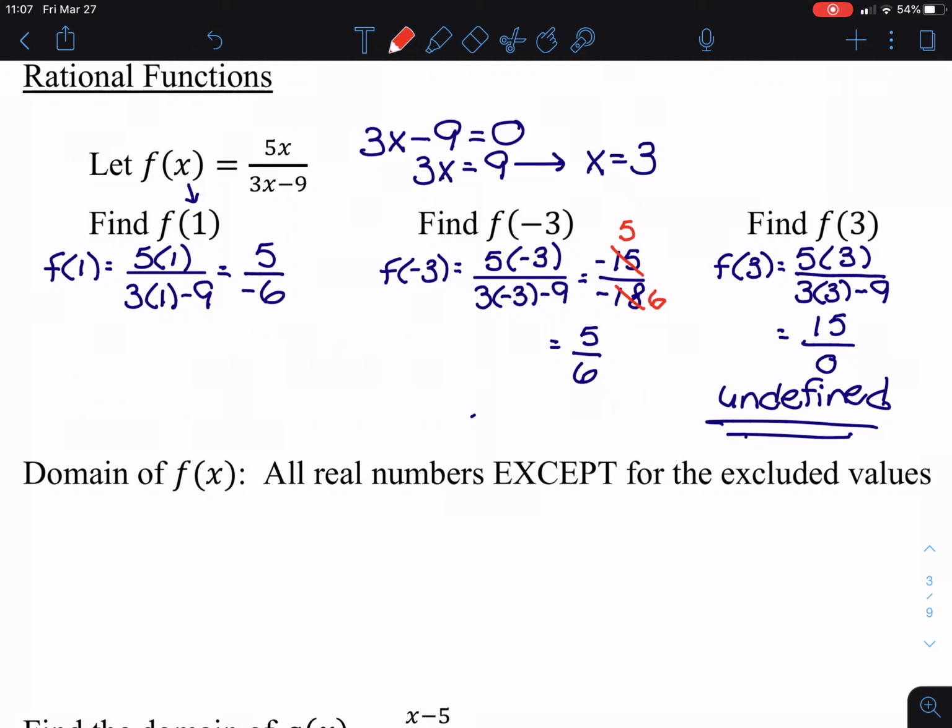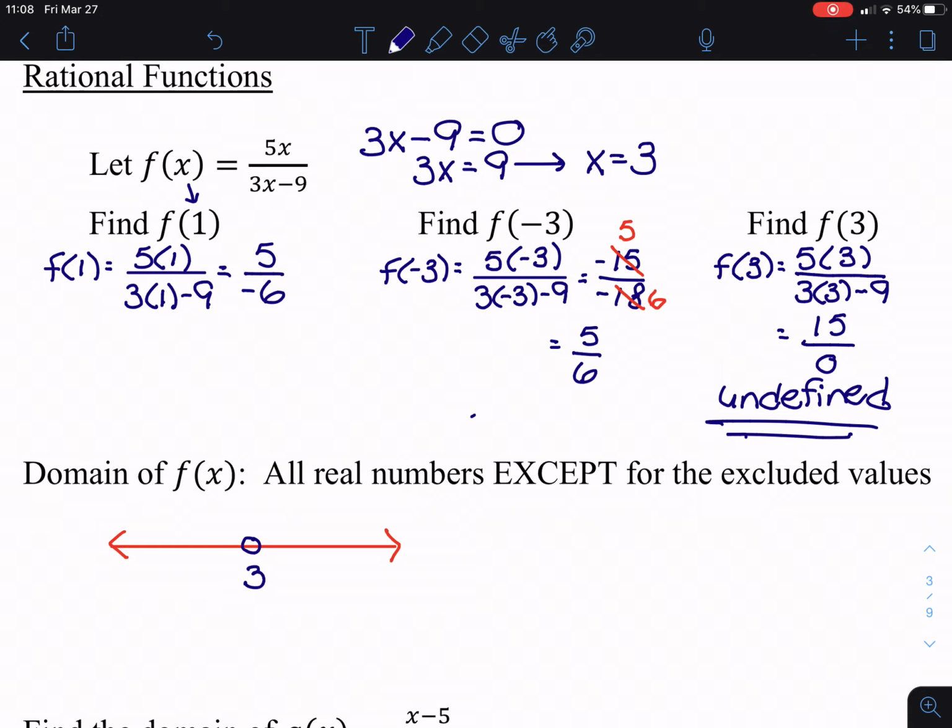So what we can think about here is that I've got the entire real number line. Okay. And any number on that number line is part of the domain of x, except for an open circle right here where x equals 3.